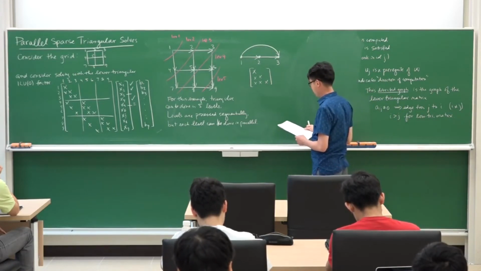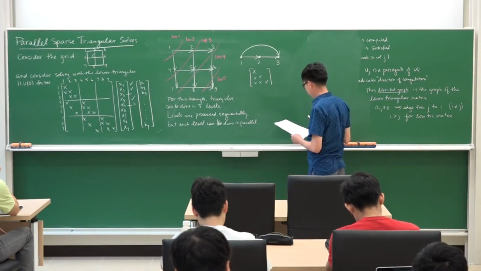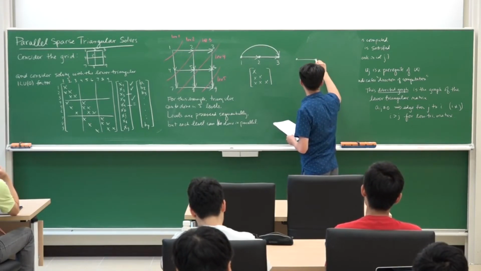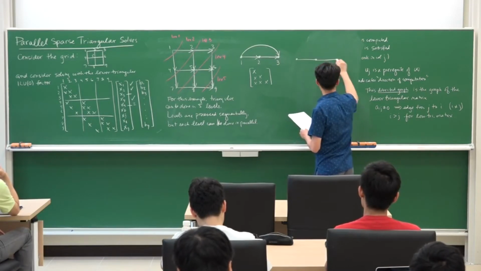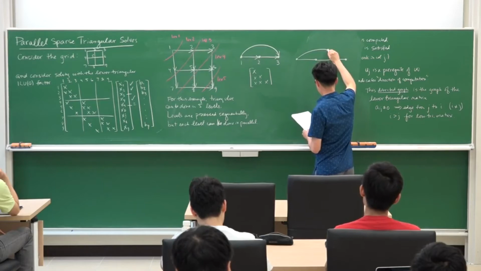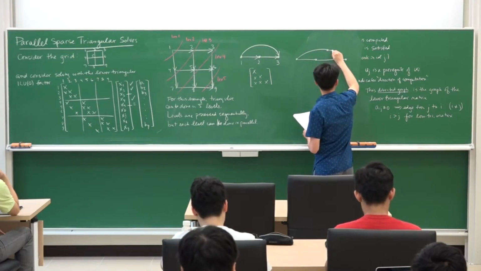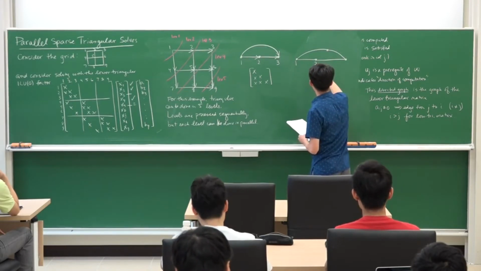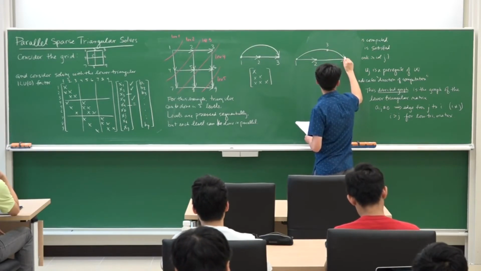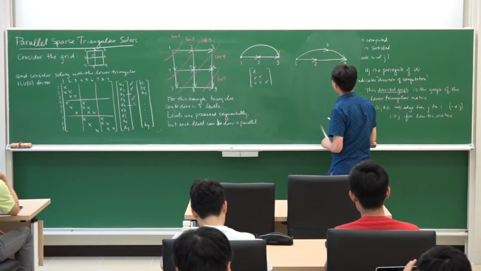Let's take this, 1, 2, 3, 4. Here are the arrows. Okay, so it's a 4 by 4 matrix.